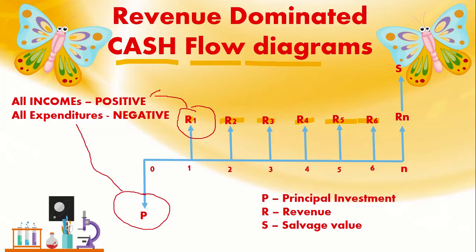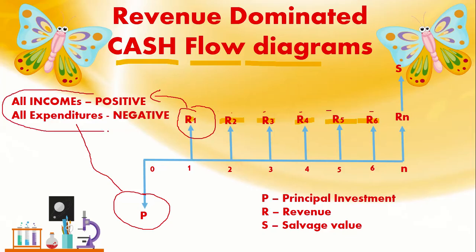You are going to get something. So this arrow mark is pointing upwards, R1, R2, R3. So this is revenue dominated cash flow. I told you already, whenever you draw this revenue dominated cash flow, you are going to use the signs: all incomes are positive and all expenditures are negative.